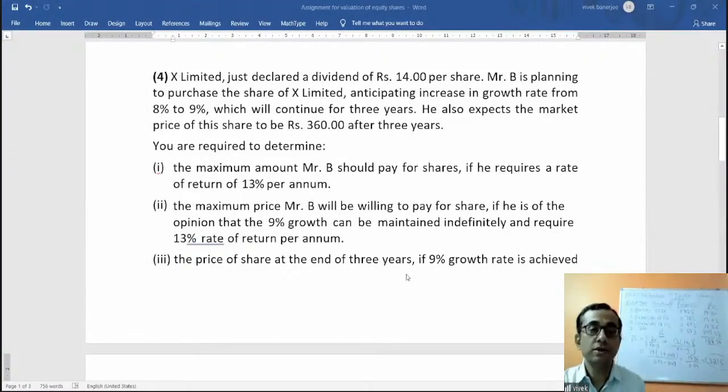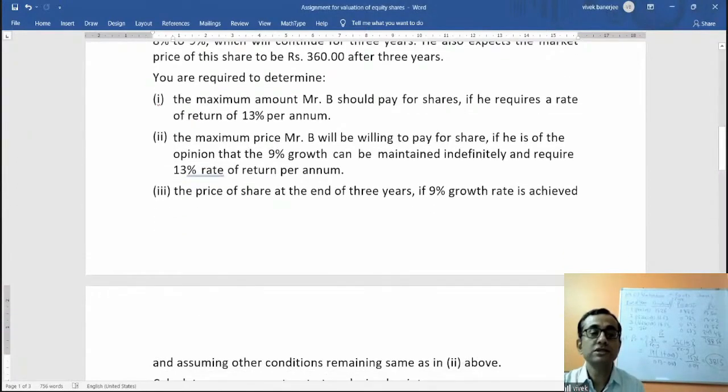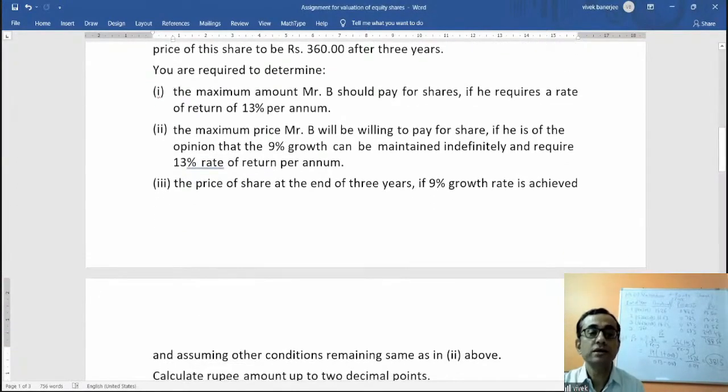Now, the third part of this question number 4 is telling that the price of the share at the end of 3 years, if 9% growth rate is achieved, and assuming other conditions remaining same as in 2 above. So price, what you have to calculate.